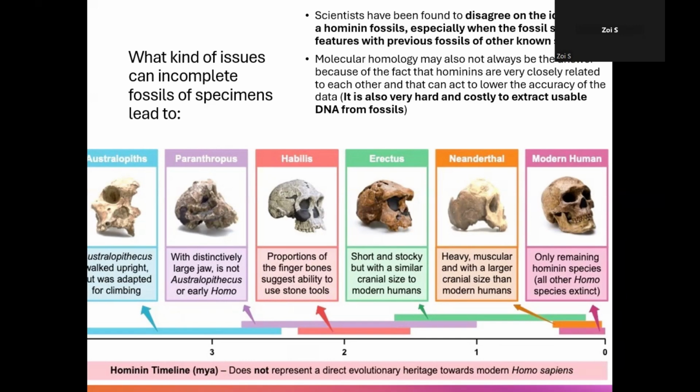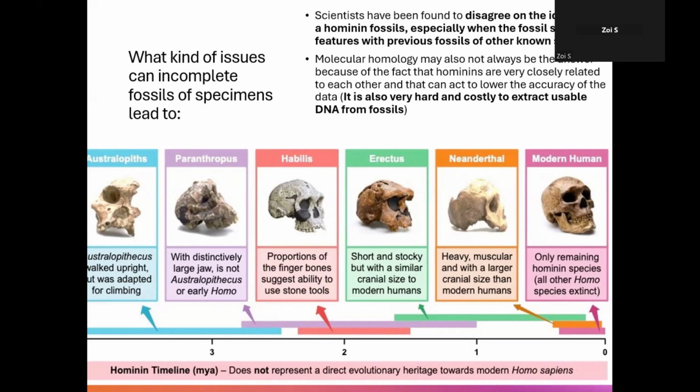It's because if we have an incomplete fossil record, it can be very hard for scientists to come to a consensus to agree whether a new fossil is a new species, or whether it's a species we are already aware of, or whether they are basically diverging from everything we know, because they might share features with previously known fossils.